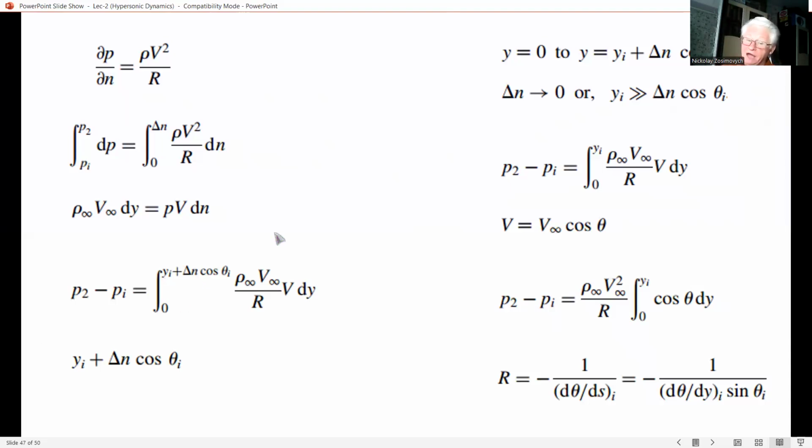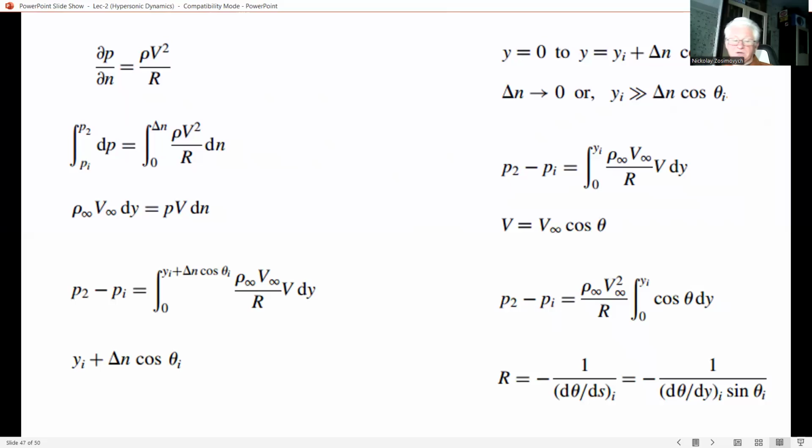Above point 1 originates the total vertical extent of the free stream from the bottom line up to the point. And hence, in this equation, the limits of integration are taken from y equals 0 to y equals y sub 1 plus delta n cosine theta.